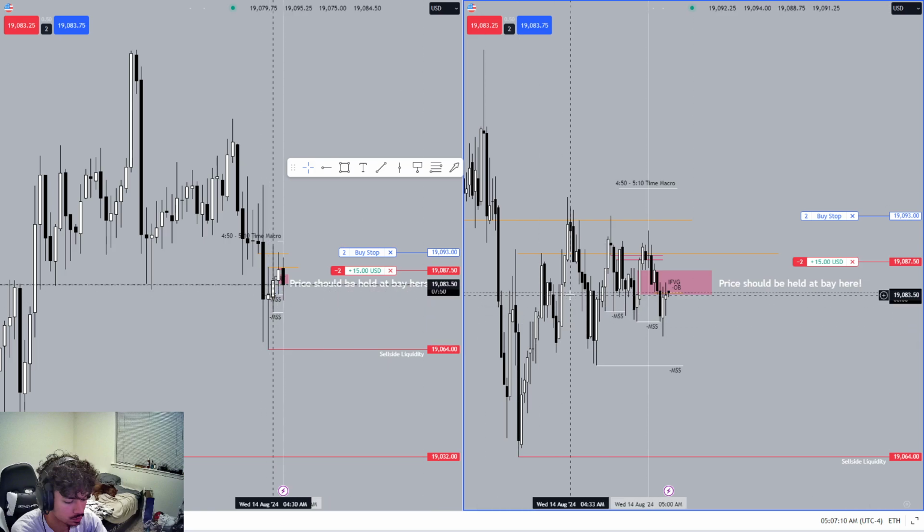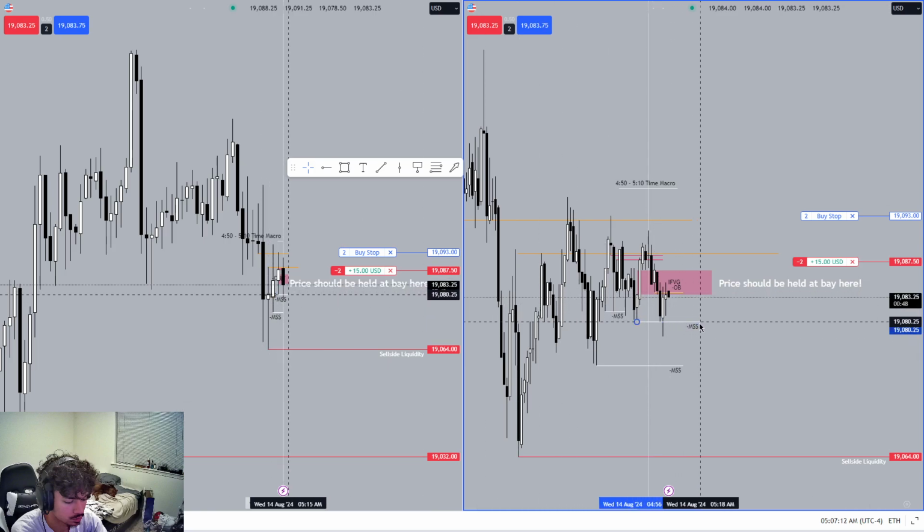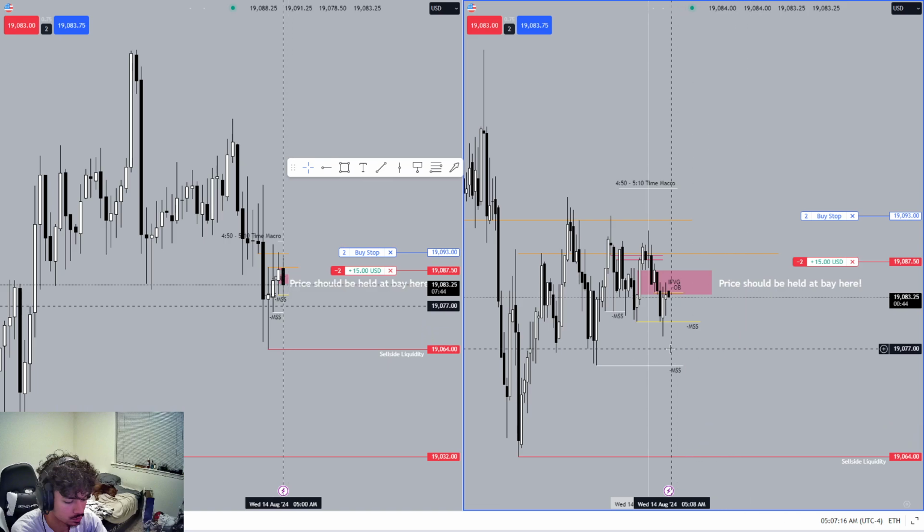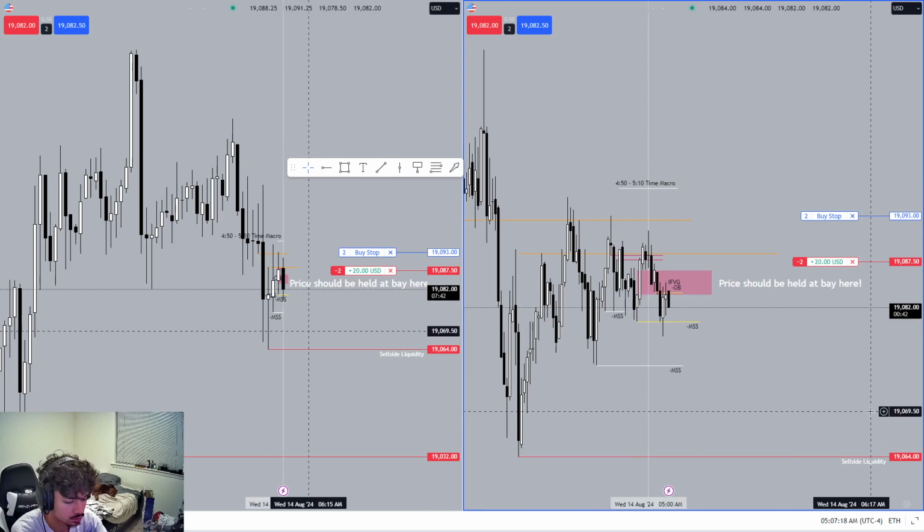But I really want to see us close beneath this low right here on the 15-minute basis. So that's in 7.5 minutes. We got time. Just got to be patient. We've got 3 minutes left in the macro, or 2.5, I should say.